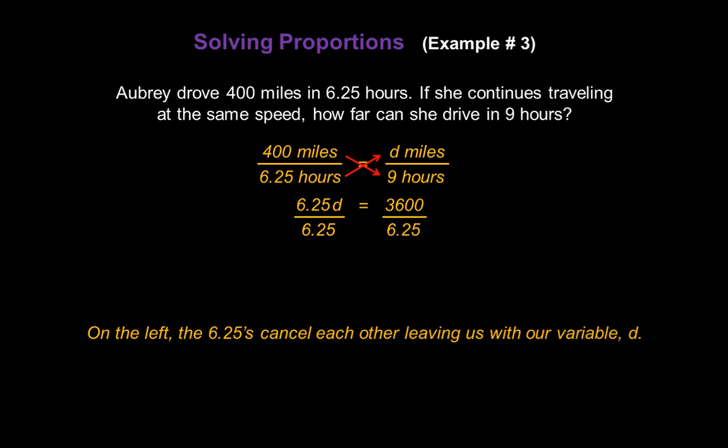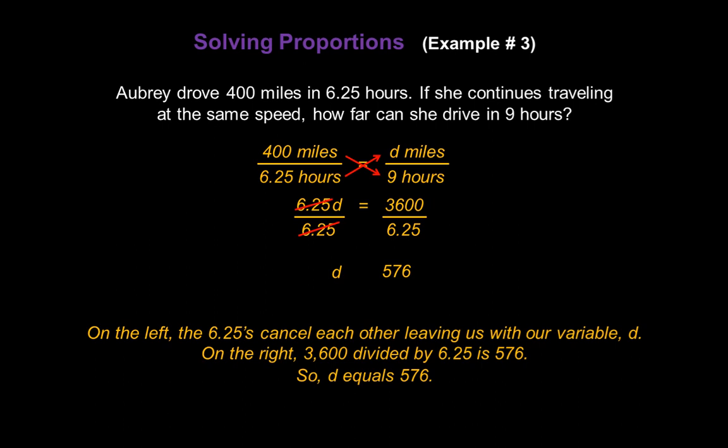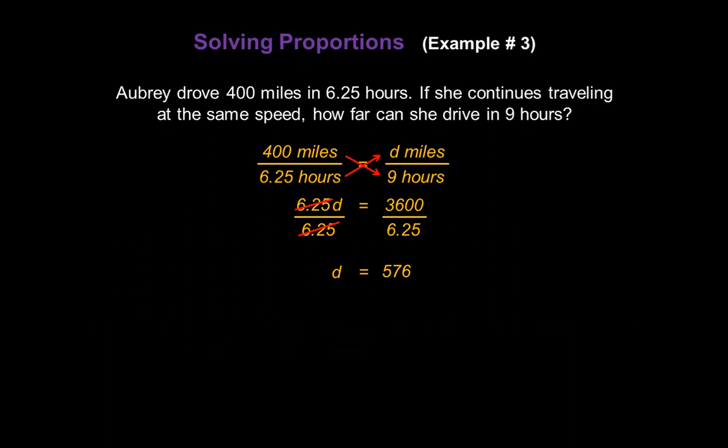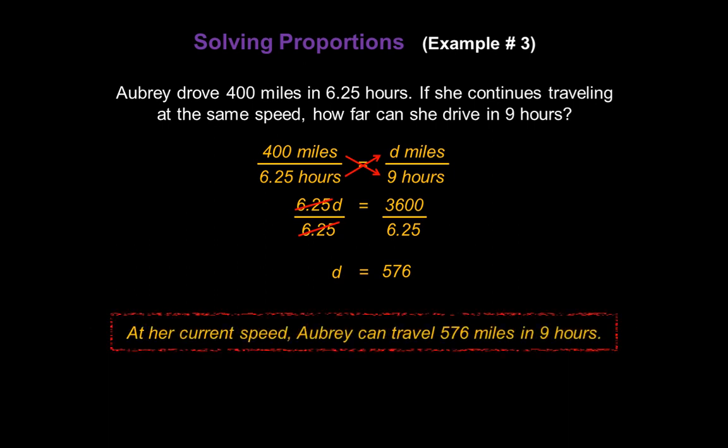Now on the left, the 6.25's cancel each other, leaving us with our variable d isolated all by itself on the left. And on the right, 3,600 divided by 6.25 is 576. So d equals 576. And since it's a word problem, let's write out the answer. At her current speed, Aubrey can travel 576 miles in 9 hours.